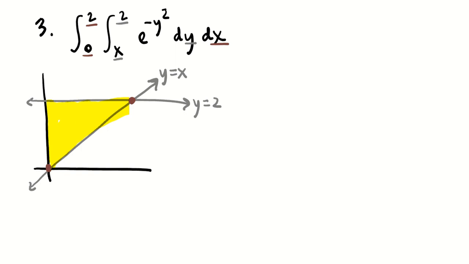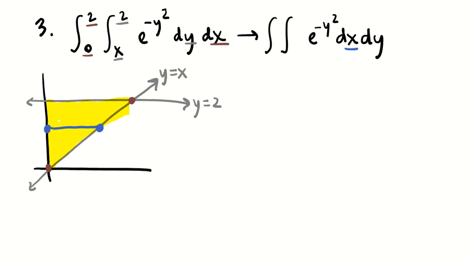And I'm going to rewrite this as e to the negative y squared dx and then dy. So x is going to start over here at x equals 0 and go over here to x equals y. And then y is running from y equals 0 up to y equals 2.